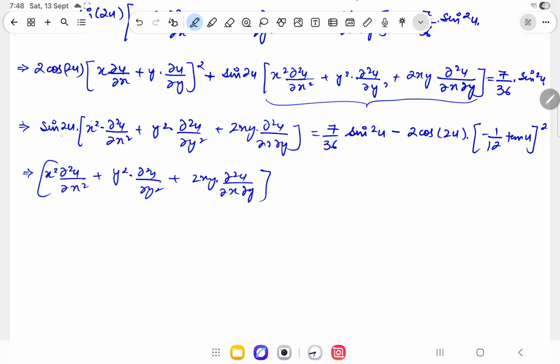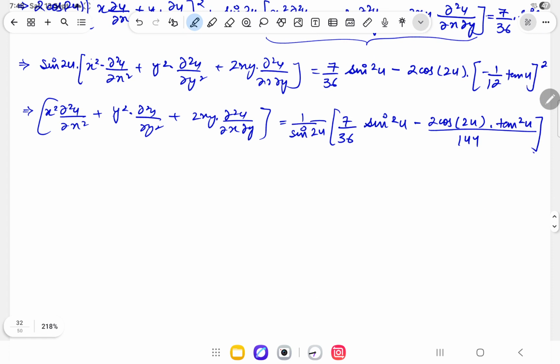So I can take this sin 2u in the denominator. So I'll get sin 2u into 7 by 36 into sin square u minus 2 cos 2u into tan square u divided by 12 square, that is 144.